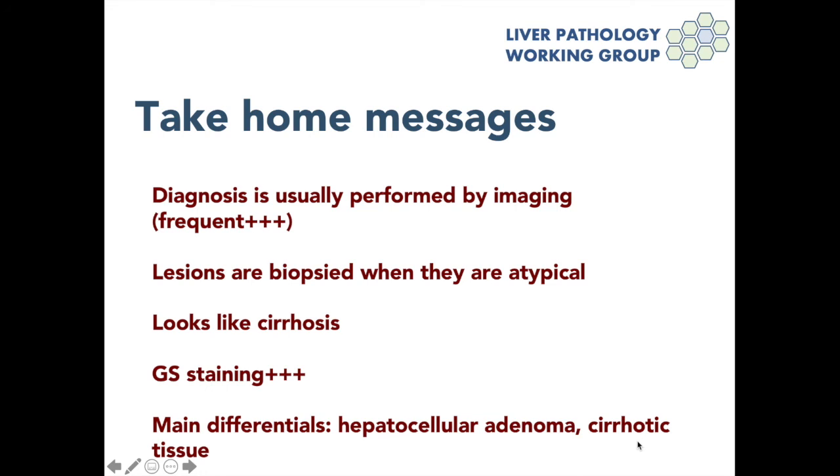That's the main differential if there is no atypia. So it was an important case because these biopsies are not so rare, and you have to really know this entity well, as the implications are really important. Thank you.